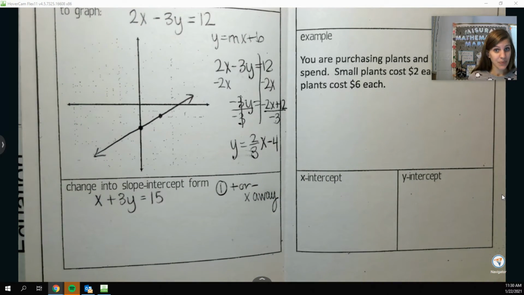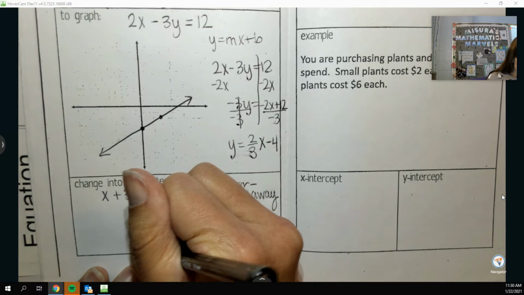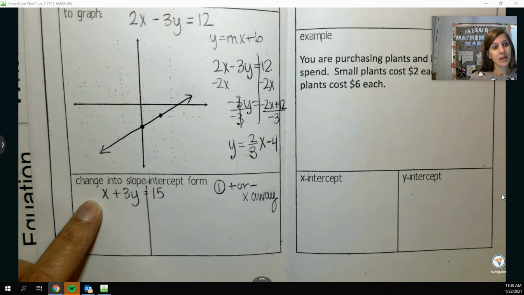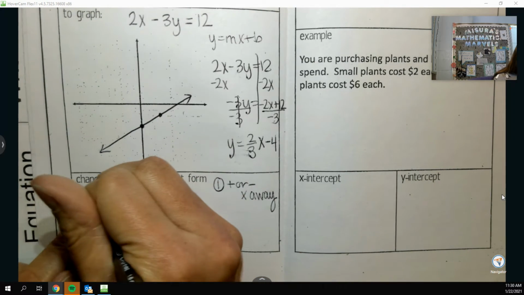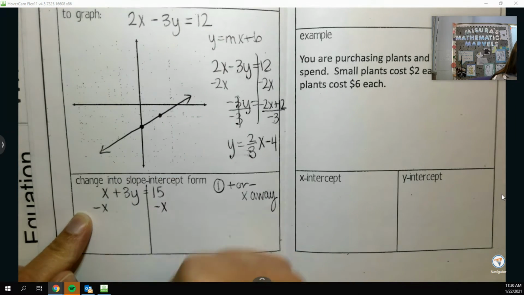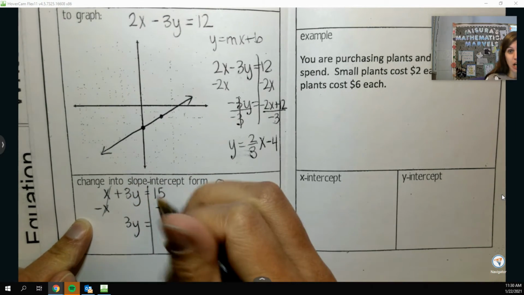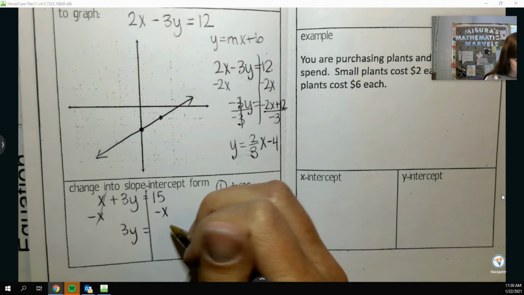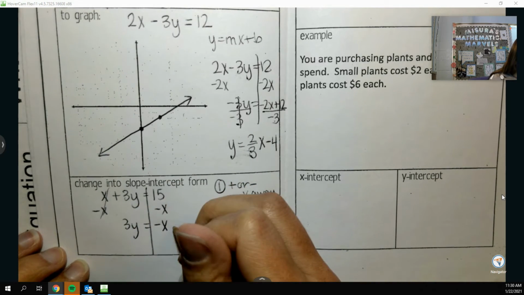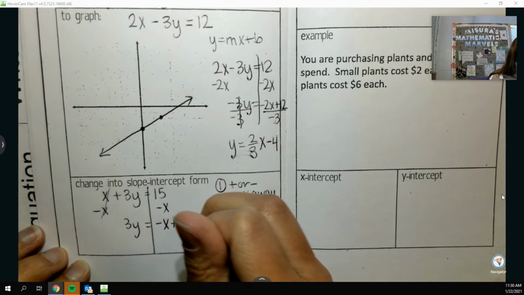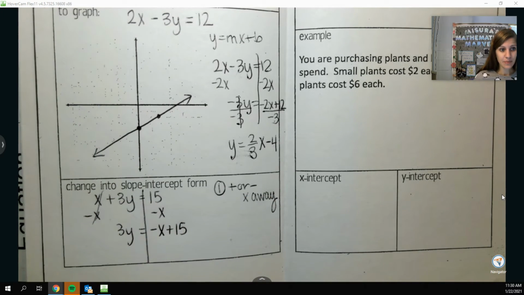Always the opposite. So in this case, the x here is positive. I'm going to subtract it away, both sides. Once I do that, we'll have 3y equals, now these are not like terms, so I just write them out in order, and we want to put x first just to be alphabetical, and then plus 15 since it's positive.